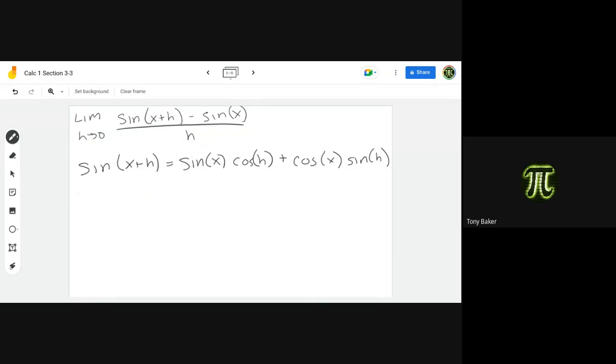Now I've got the limit as h goes to 0 of sine of x cosine of h plus cosine of x sine of h minus sine of x all over h.